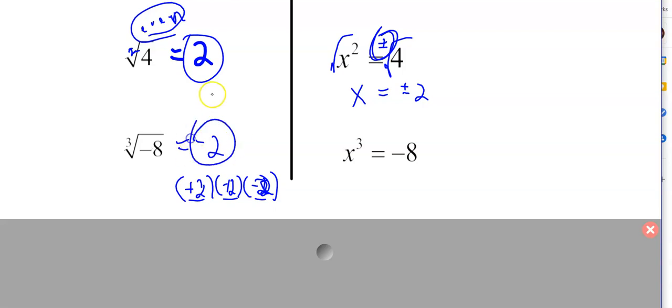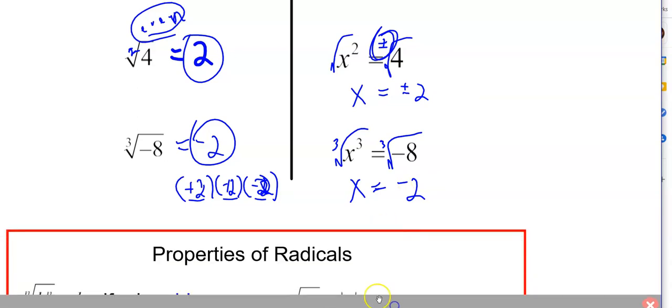These are real answers. They can be positive or negative depending on what you're taking the cube root or fifth root or seventh root of, any odd root. So when you take the cube root of both sides, I don't have to worry about plus or minus because this one's negative. I know I'm going to get a negative here. So I don't have to worry about plus or minus. There's not going to be two different possibilities here whenever it's an odd root.